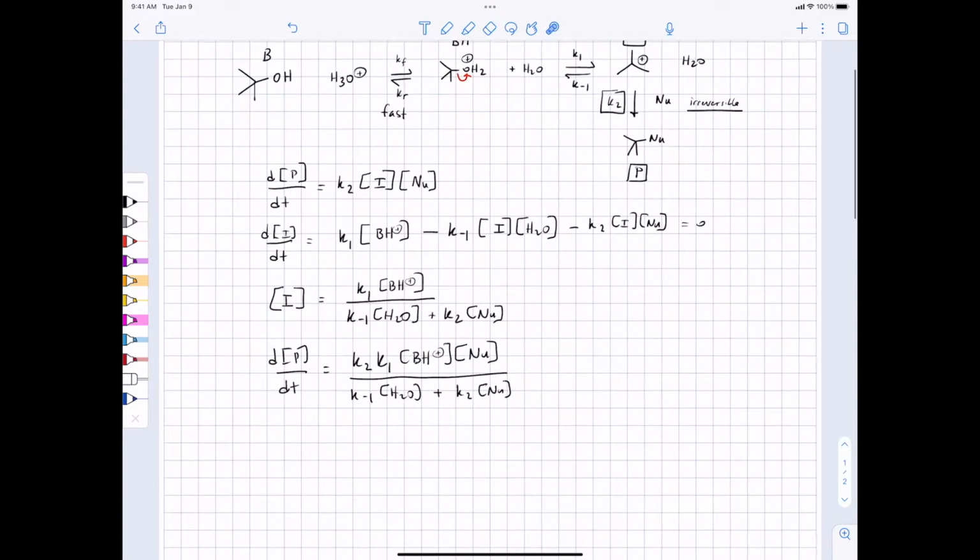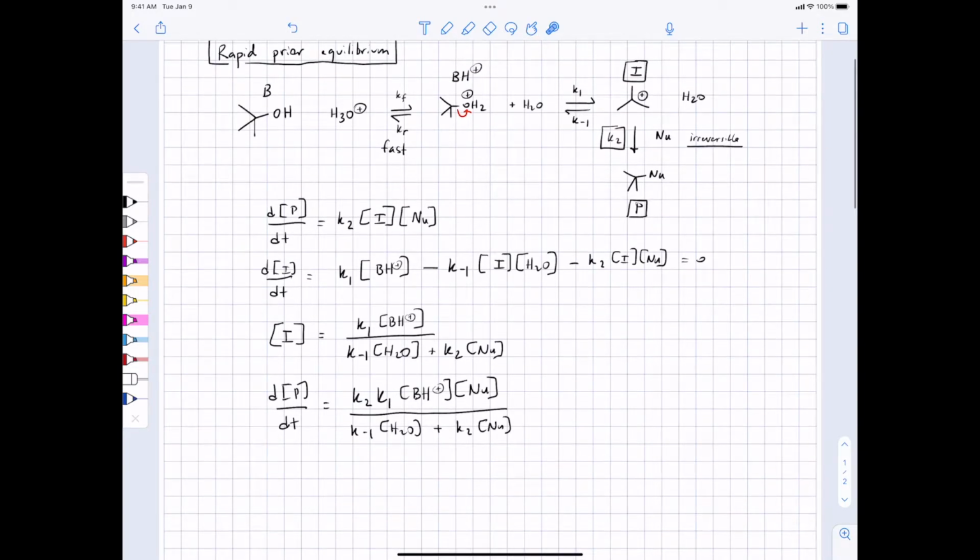Notice the general saturation kinetics features that we've seen so far. At really high nucleophile concentration, this reaction is 0 order in nucleophile. So that's what we expect for an SN1 type reaction. Though at low nucleophile concentration, we would see first order behavior in nucleophile.